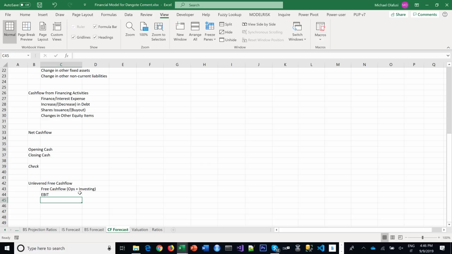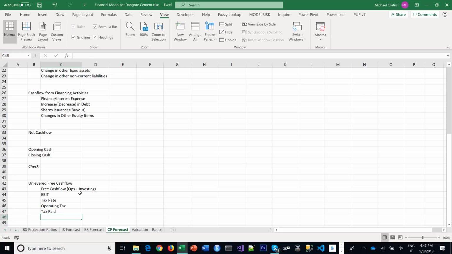Then I'm going to get the tax rates. Then I'm going to get what you actually paid as tax, the operating tax that you would have paid if you didn't have any interest that is tax deductible. Then what you actually paid, tax paid.